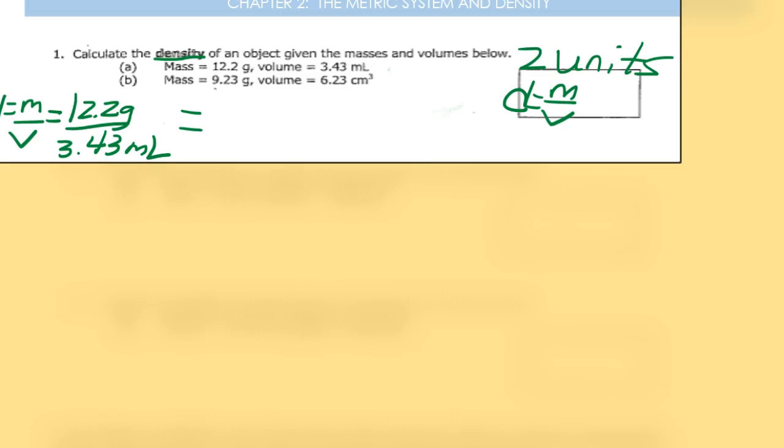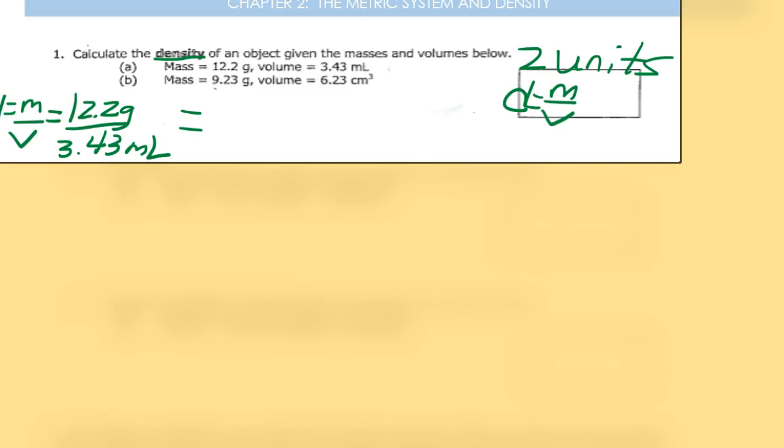So in this first example, I've got 3.43 and 12.2. Both of those have 3 significant digits. So you know what my final answer is going to have, right? You guessed it, 3 significant digits. So let's go ahead and calculate that out.